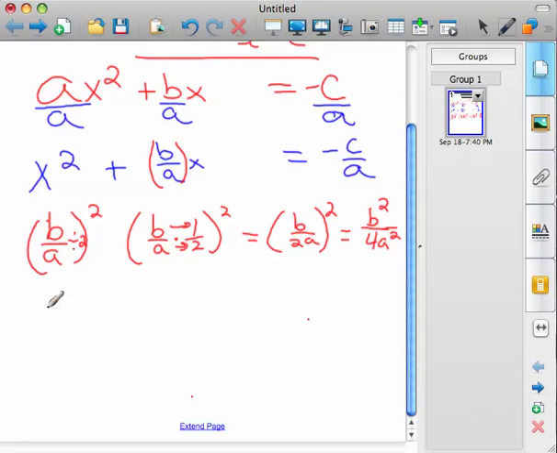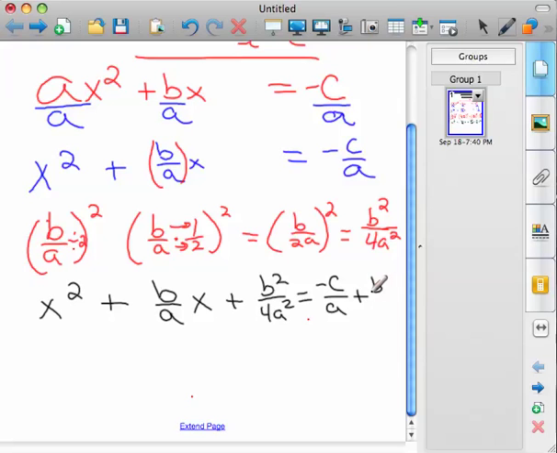So we've got x squared plus b over a x plus b squared over 4a squared equals negative c over a plus b squared over 4a squared. So we've added b squared over 4a squared to both sides of the equation.